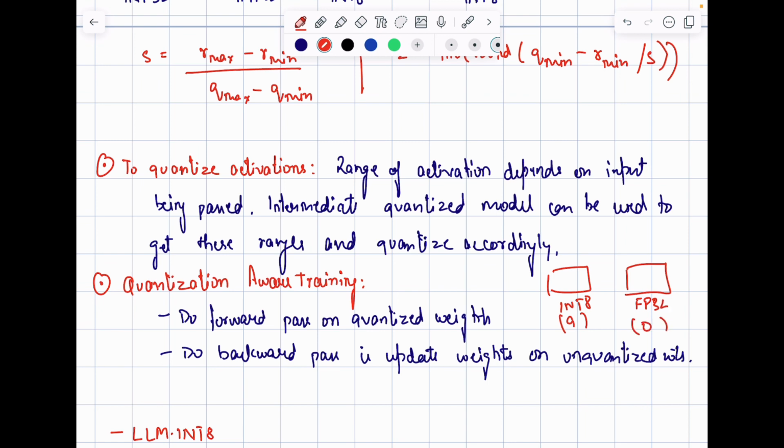So you do the forward pass on the quantized one. But when you do the backward pass, you use the weights that were not quantized yet. Okay. So you do the backward pass based on the gradient computed on this. Okay. So there are various ways to implement quantization aware training, and we will look into these methods in the upcoming lectures. Thank you.